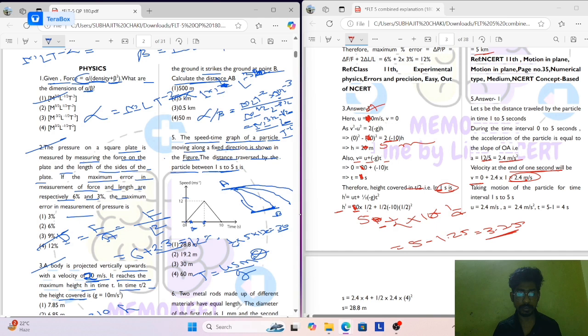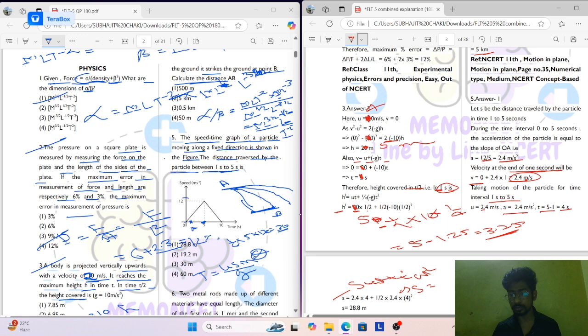Just calculate by the formula s equals ut plus half at square. u here is 2.4 into 4 means 9.6. Half a means half into 2.4, t square means 16, that is 19.2. So 28.8 will be our correct answer.